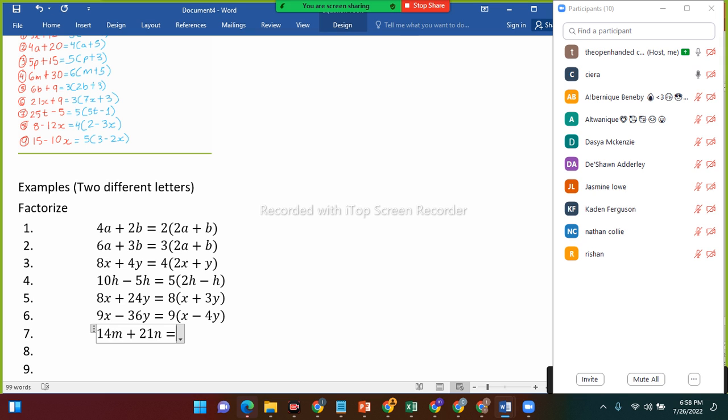Okay, so 7 outside the bracket. Very good. 7 is a common factor. So 2m plus 3n, because 7 times 2m is 14m, and 7 times 3n is 21n. Very good.